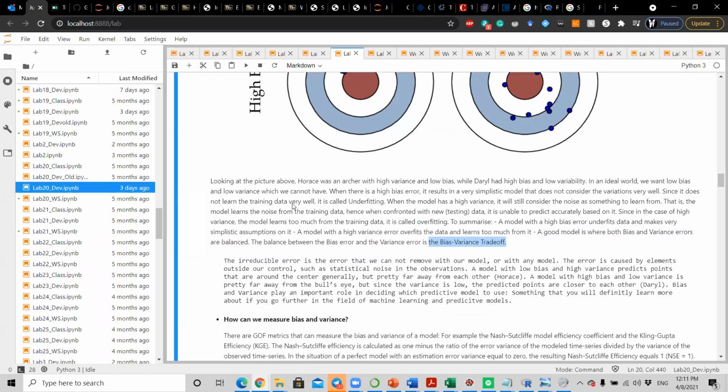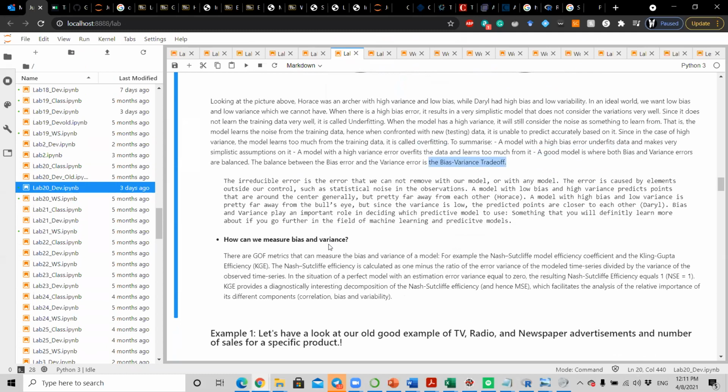So, the irreducible error is the error that we cannot remove from our model or with any model. The error is caused by elements outside our control, such as statistical noise in the observations. A model with low bias and high variance predicts points that are around the center generally, but pretty far away from each other, very similar to Horace.